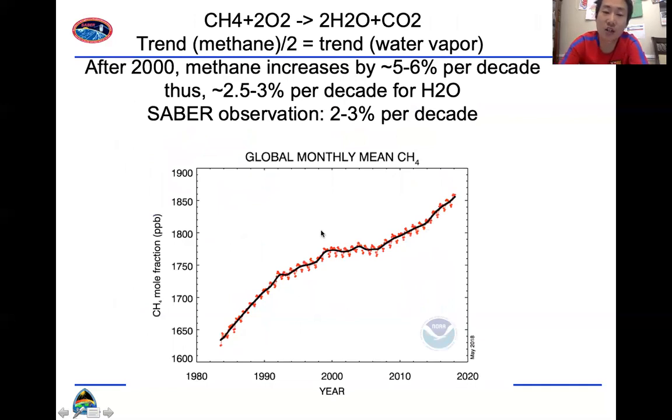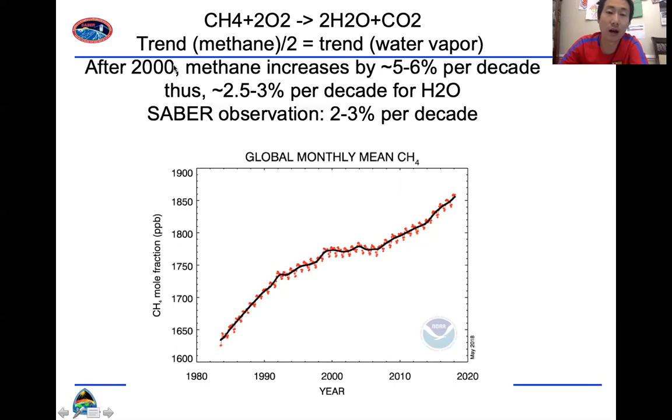Is the change of water vapor in the mesosphere expected? We know that the water vapor change in the mesosphere is caused by methane oxidation following this equation here. One methane can divide into two water vapor.